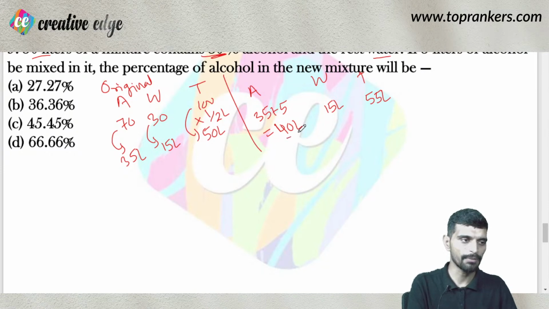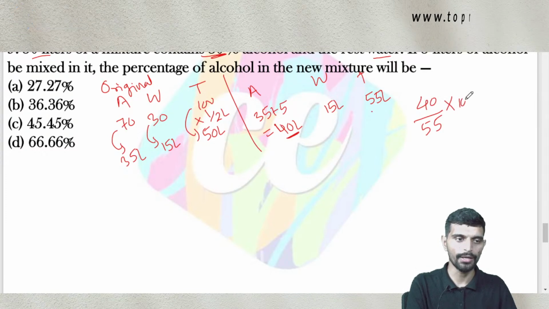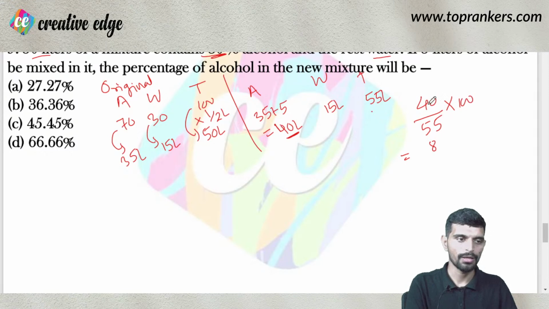So this is alcohol upon total, that is 40 by 55 into 100. If you cancel it by 5 you will get 8 by 11, right? 8 by 11.